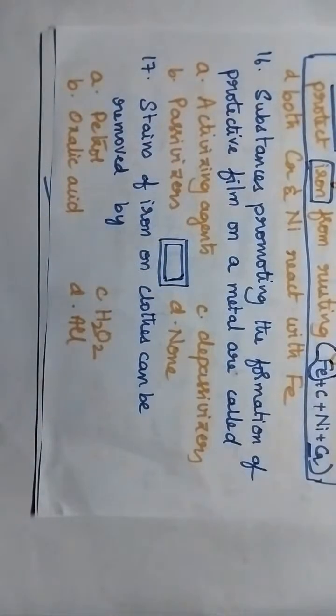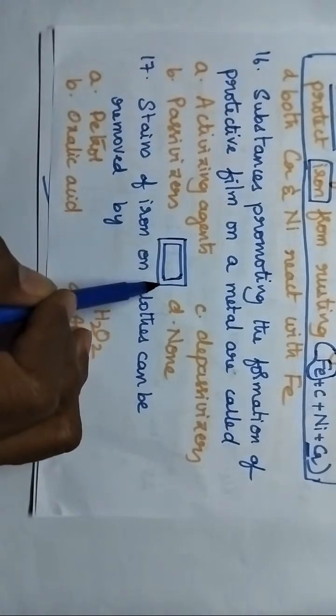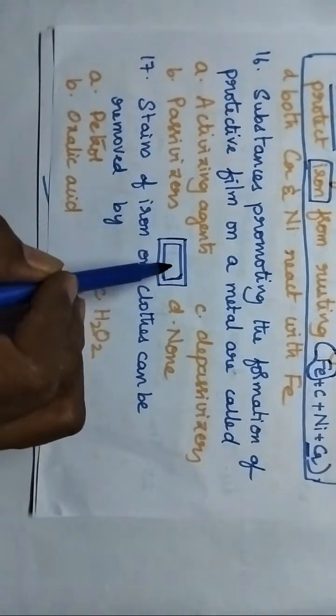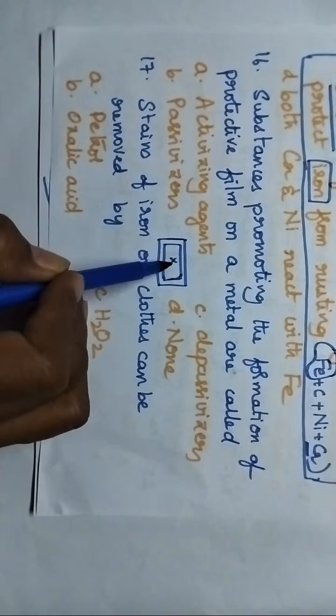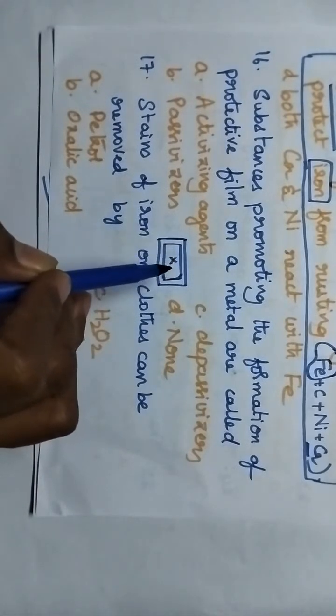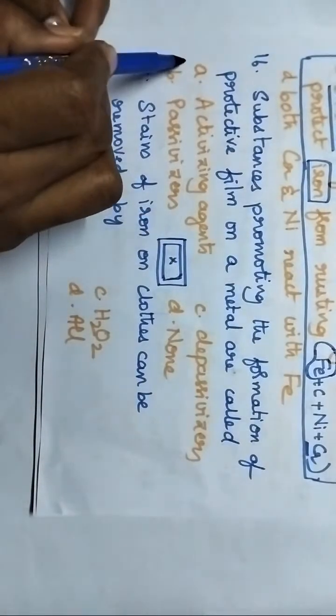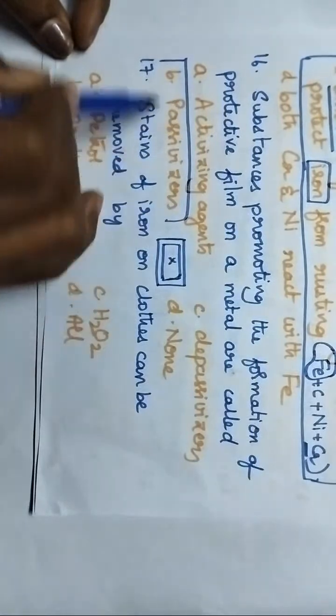This behavior is called as. So whenever a protective film is formed on the metallic surface, it will not undergo corrosion. That means this metal is not active. So they are called as passivizers. So option B is the right answer.